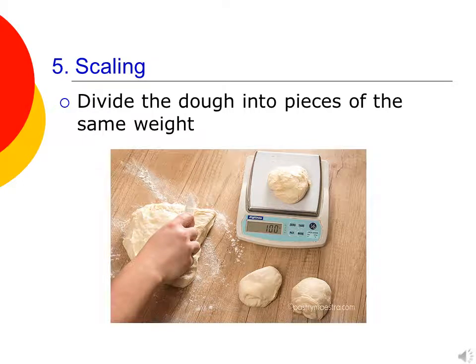Scaling: using a baker's scale, divide the dough into pieces of the same weight according to the product being made. During scaling, allowance is made for weight loss due to evaporation of moisture in the oven. Scaling should be done rapidly and efficiently to avoid over fermenting the dough.